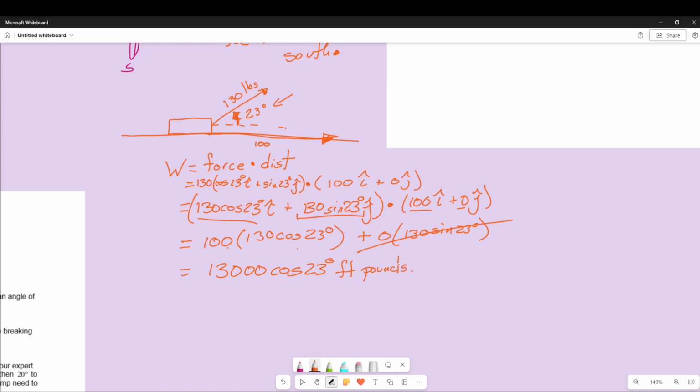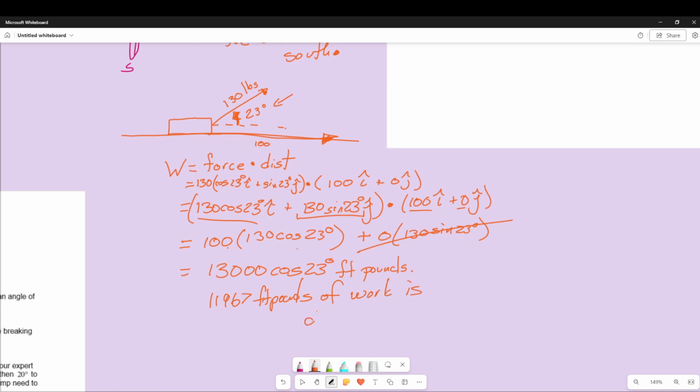So if we want a decimal approximation for that, 13,000 cosine 23 degrees would be 11,966, 11,967 if we round, foot-pounds of work.